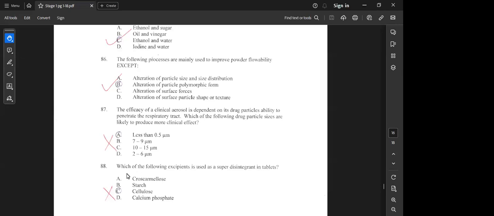Rather, what is croscarmellose? Croscarmellose gives dissolution and disintegration characteristics that enhance the availability in various formulations.